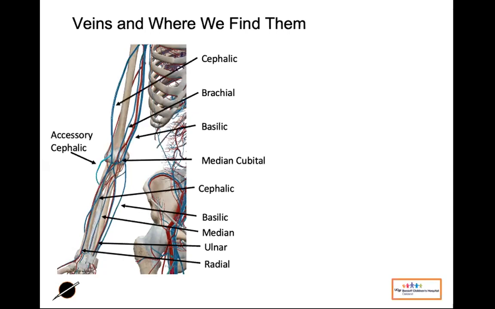I don't expect you to know the names. You guys were in the ED, you're really good at placing IVs. We do that because we practice over and over again, and you know where the veins live. But I just wanted to refresh everyone as to where our targets are.